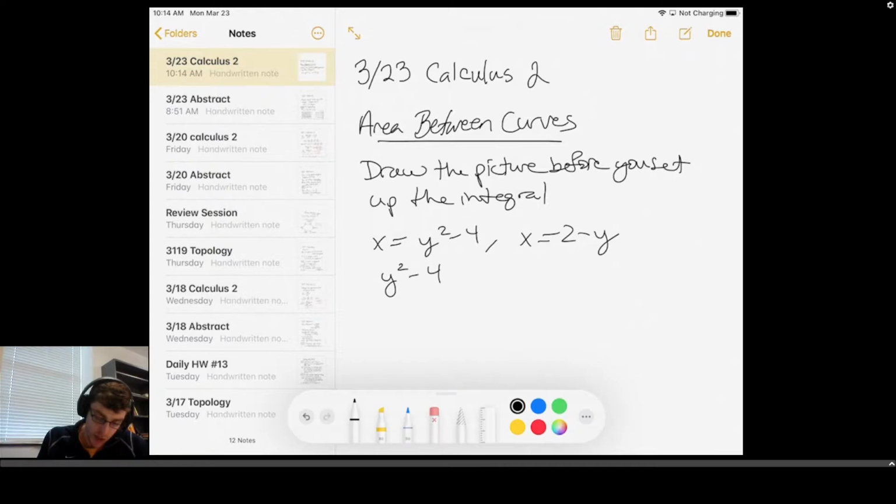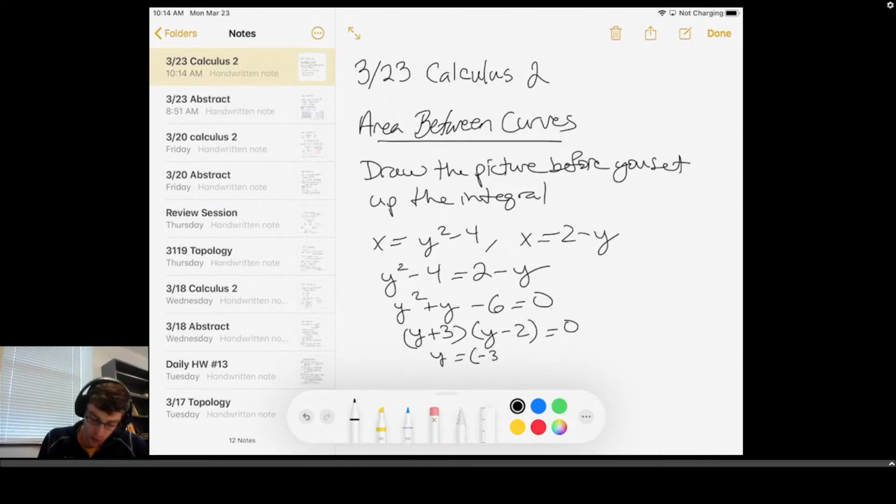So you would set those equal to one another, and then you get y squared plus y minus 6 equals 0, and this is easily factorable. This is y plus 3 times y minus 2, and so y is either negative 3 or 2.